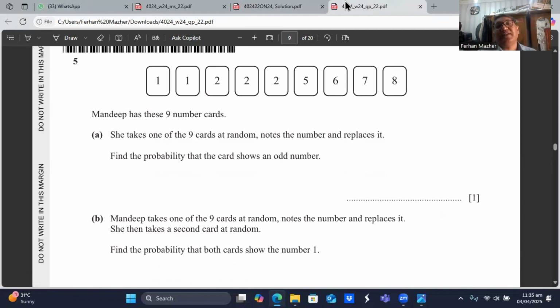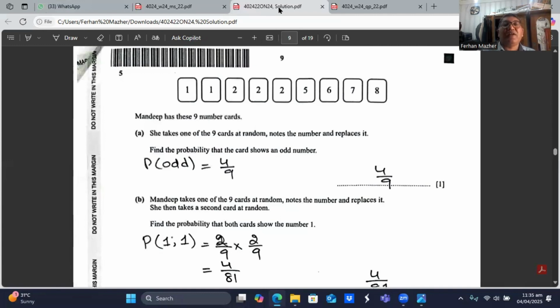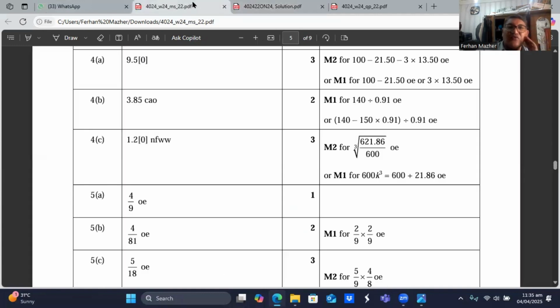Find the probability that the card shows an odd number. So she has taken only one card, and the odd numbers are 1, 3, 5, 7. So 4 out of 9. So the probability of getting an odd number will be 4 by 9. So we think the answer is 4 by 9.